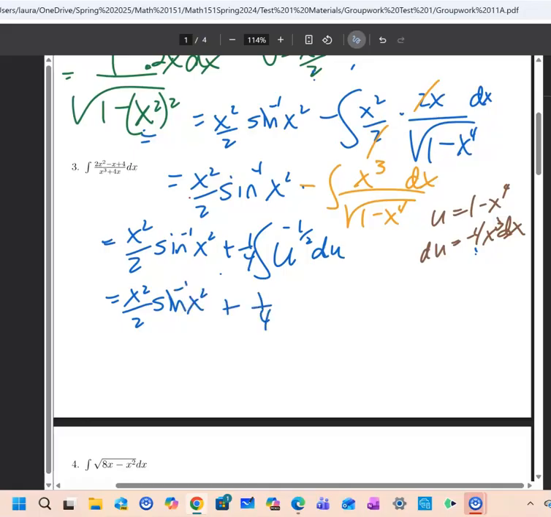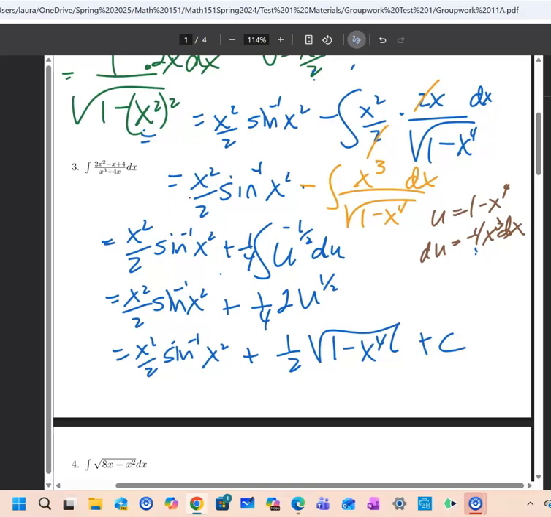So I get a positive 1/4, and so I get u to the 1/2 over 1/2, or times 2. So x squared over 2 inverse sine x squared plus 1/2 square root of 1 minus x to the 4th plus c. All right, so that was number 2.